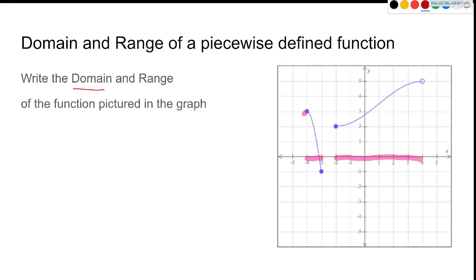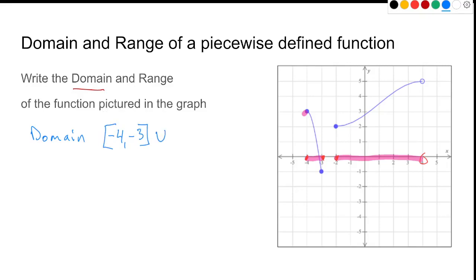What I'm going to do is come back in and, so this was a solid point, this was a solid point, this was a solid point, but this is an open point. So 4 itself is actually not included. So when I go to write this domain on the x values, it's going only from negative 4 to negative 3.